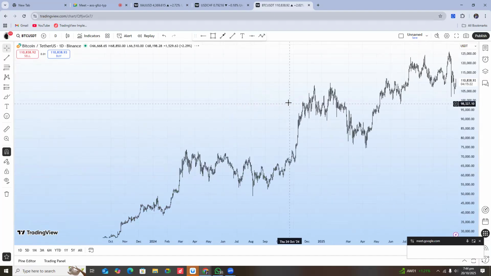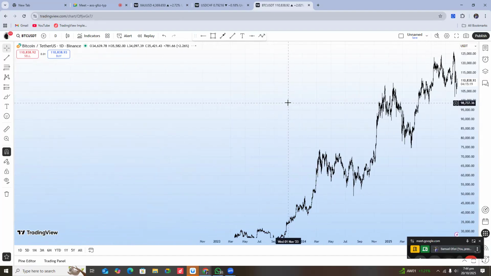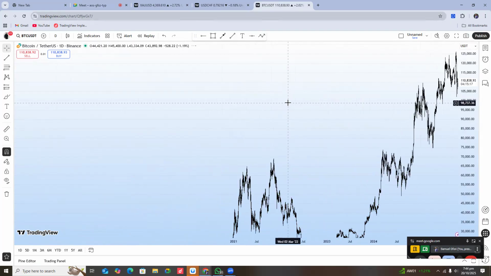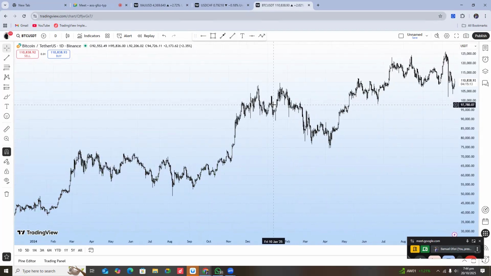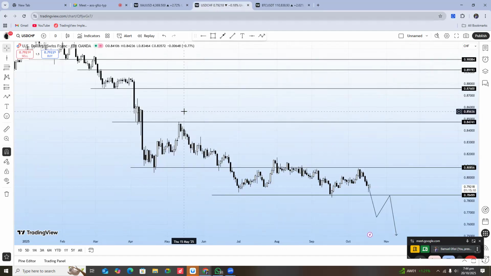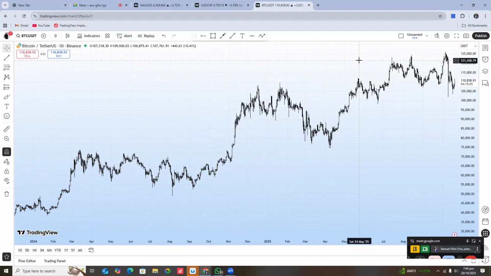If I zoom out too much, the trend will change. If you zoom in too much, the trend may change. Even this market, if I zoom out too much, the trend will change. That is why you don't have to look at just what you see on the chart to tell the trend of the market.